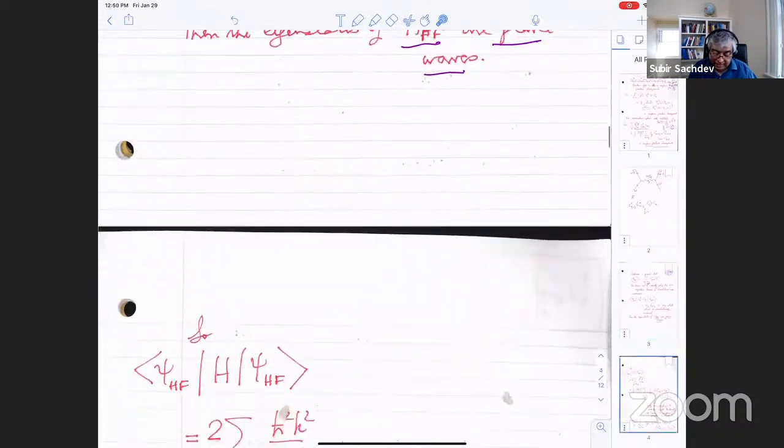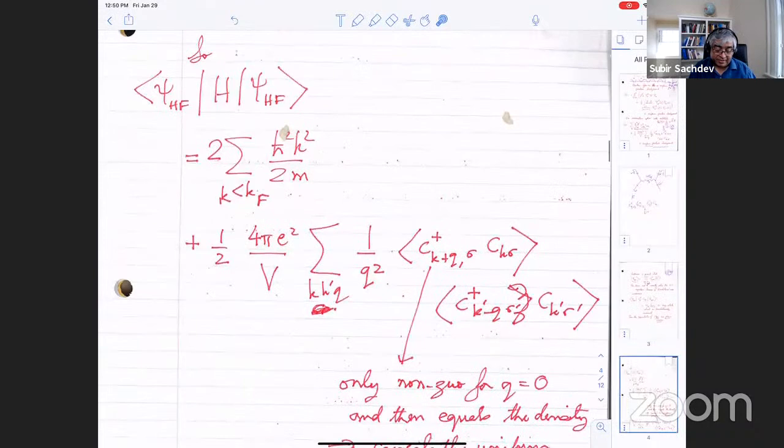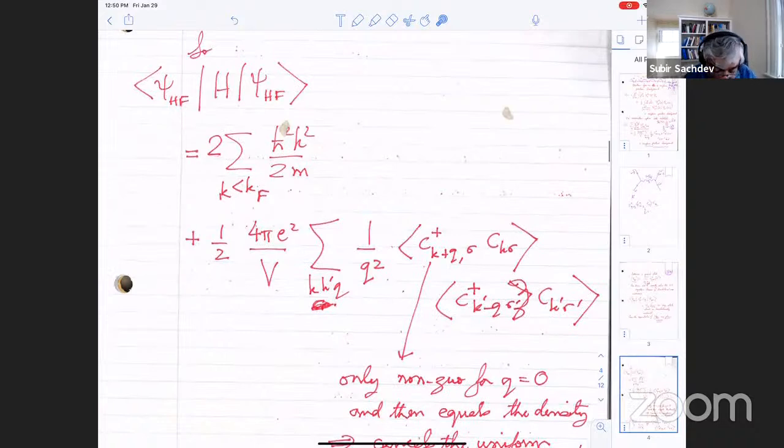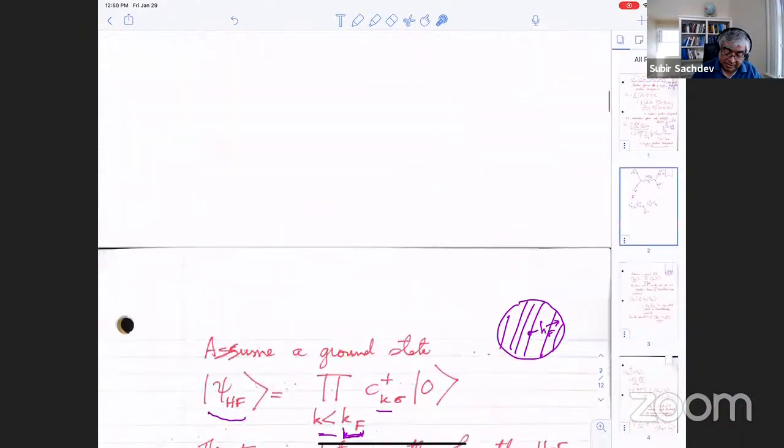Okay, so now let's just look at the expectation value of the true Hamiltonian. So the first term is just the expectation of the kinetic energy. So you just take the kinetic energies of all the particles inside the Fermi sphere. All right, and now you take the Coulomb term and you look at its expectation value.